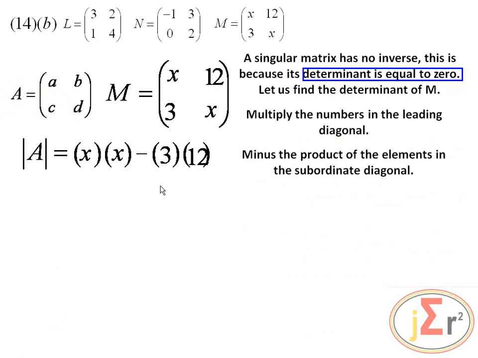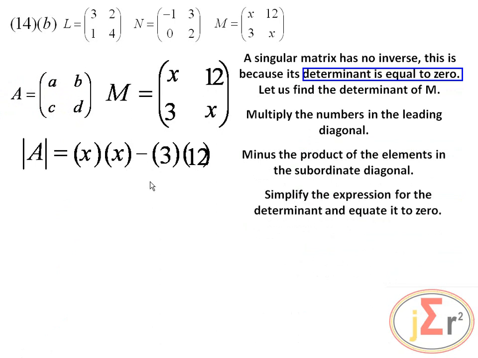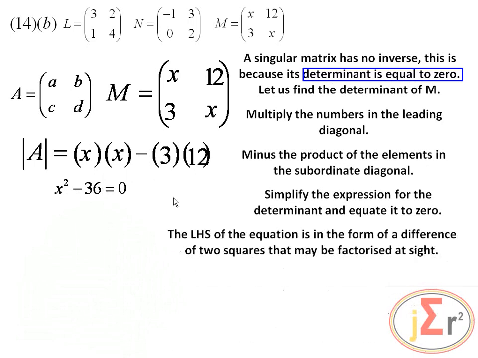The determinant is equal to 0, so simplifying the expression, we get x squared minus 36 is equal to 0. So here we have determinant is equal to 0, reminding us. So whatever the determinant turns out to be, its value will be equated to 0, and we will solve that equation.